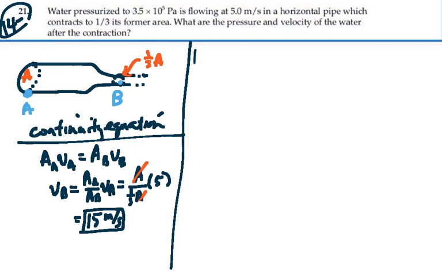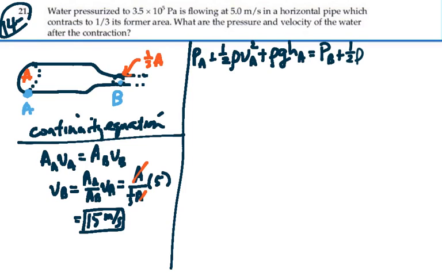So we have the absolute pressure at A plus 1/2 the density times the velocity at A squared plus density g height at A is equal to the absolute pressure at B plus 1/2 the density times the velocity at B squared plus the density g height at B. Well, everything is on the same height.